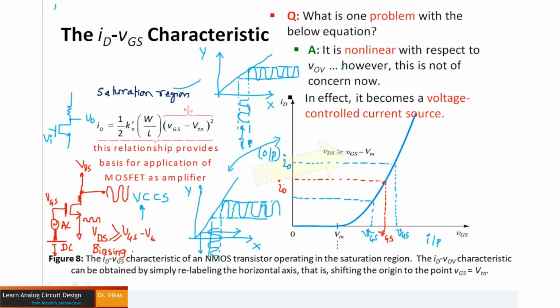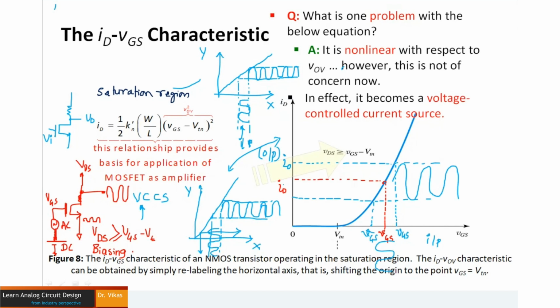The amplified version of the output can be observed only at a particular point, and at that point when you give the input and take the output, you can observe that the outcome will be a maximum. See, if I just give the input here exactly at VGS, and I take the output like this, it will be an amplified version.